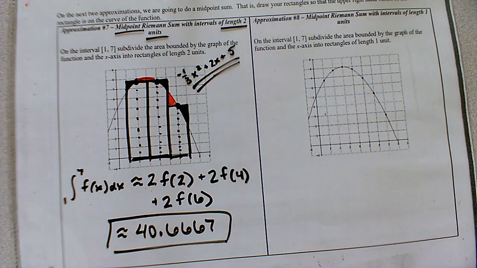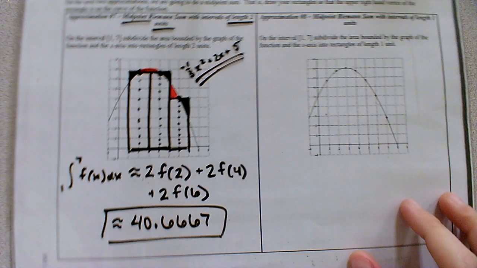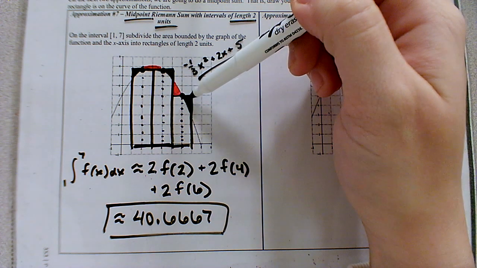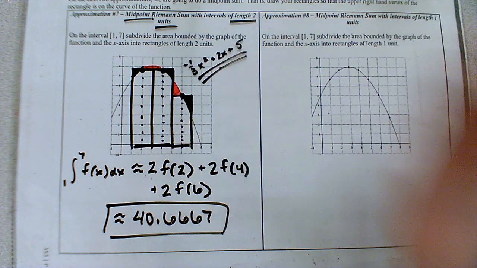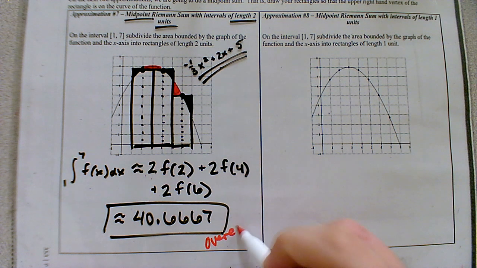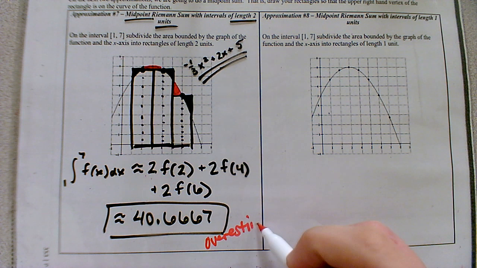So notice how we have a little bit of both. So this is where you might need to just take your best educated guess as to which one is more. To me, just visually, it seems like I have filled in more of a black region than I did a red. So I'll go ahead and say overestimate for this one.